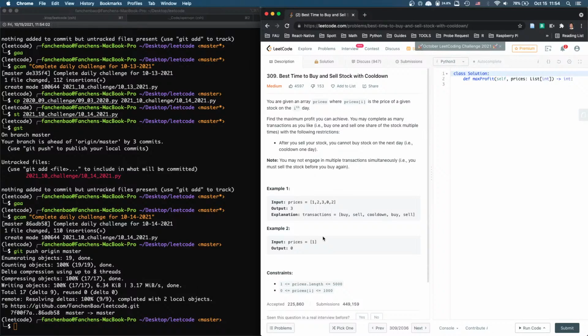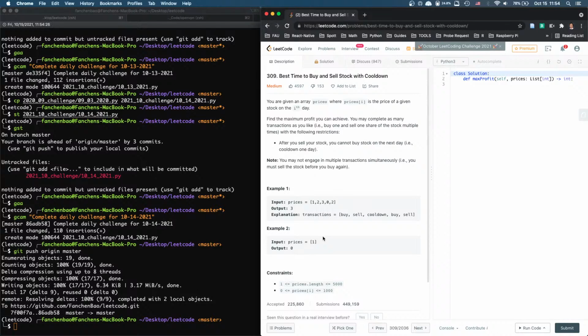So holding state, I sell, and we go to the cool down state. In the cool down state I can remain in cool down state, I don't have to do anything. In holding state, I can keep holding. Empty state, I can also keep empty.